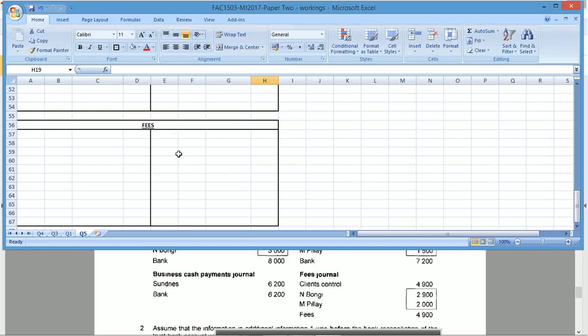Fees will go up or down. The fees would go up. Okay, so the fees journal will go up because you are generating income. And that would have been part of your client's control account. Okay, so 4,900 here, client control accounts.